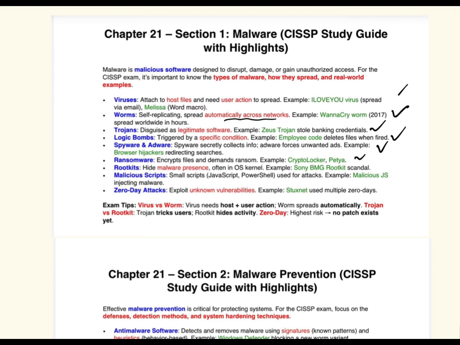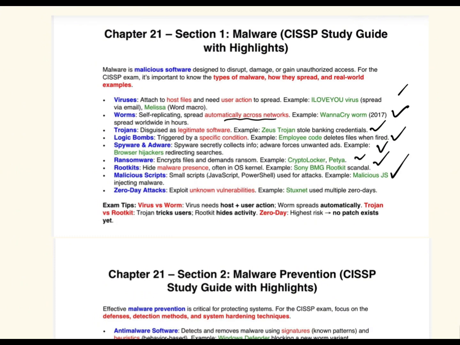Next would be rootkits. Rootkits hide the presence of malware deep in the OS kernel, very difficult to detect. For example, the Sony BMG rootkit scandal in 2005. Rootkits stay persistent at the system level, at the kernel level.